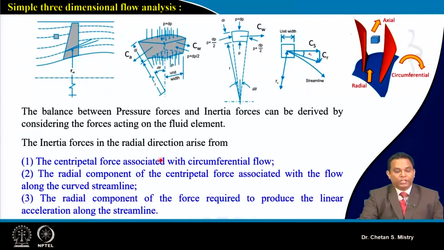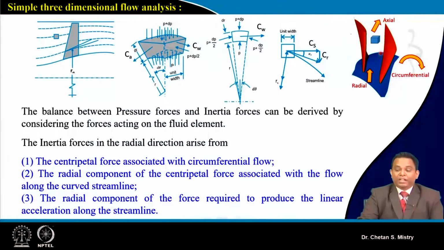Let's move ahead. Say this is our scenario. For this case, we have this direction as my axial direction, I will have my circumferential direction, and I will have my radial direction along the span.